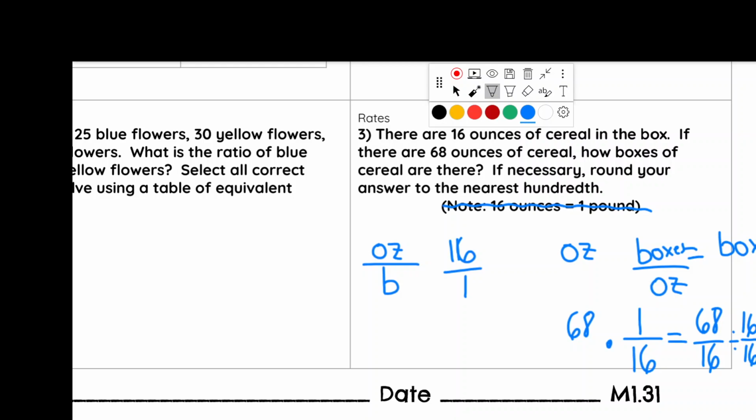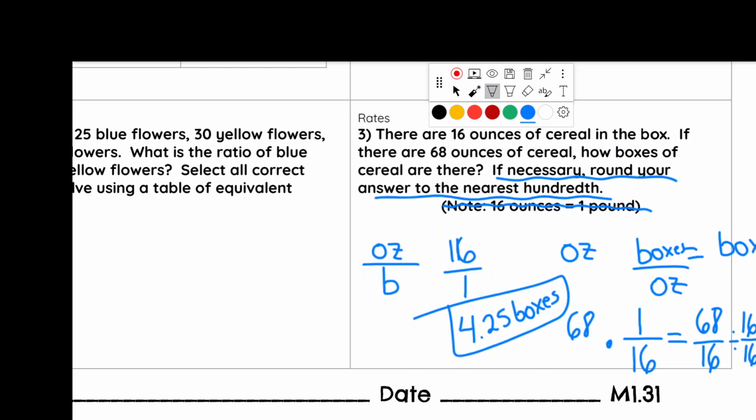Ooh, and I get a decimal there. Oh, it says right there, if necessary, round your answer to the nearest hundredth. And 68 divided by 16 is 4.25 boxes. So someone's been eating some of the cereal because I don't have a whole box.